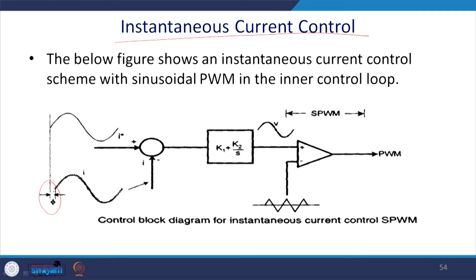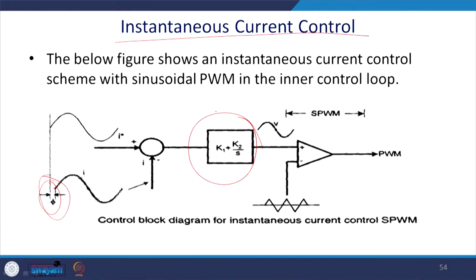This current will be compared here, and since you have started with a delay, you get an effective history and thus a steady state error, and you need to eliminate the steady state error. For this reason we require to design this PI controller.